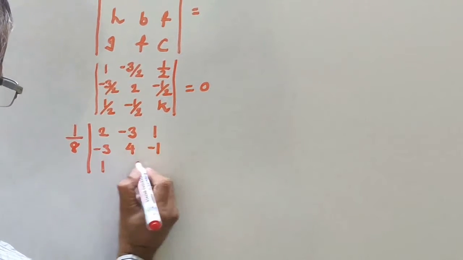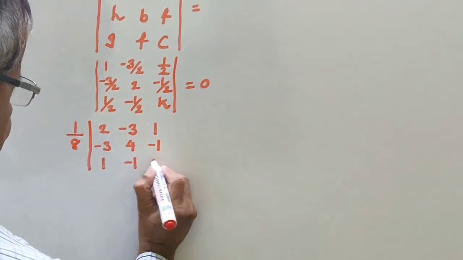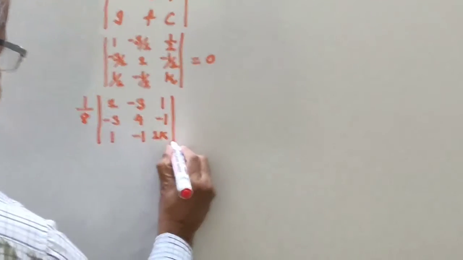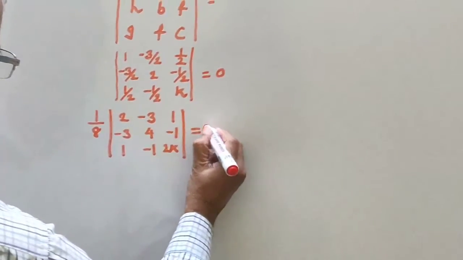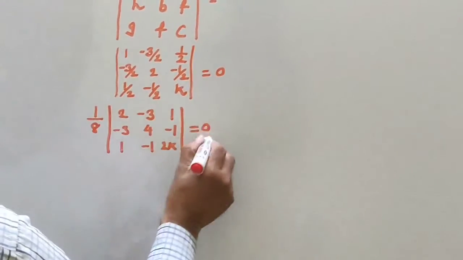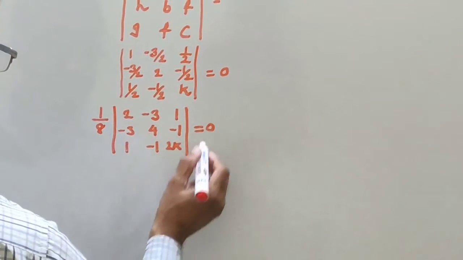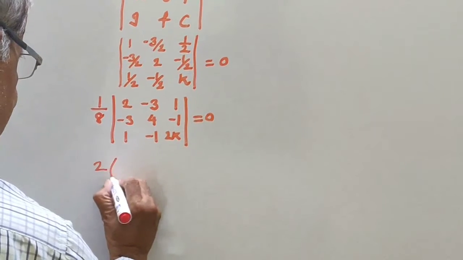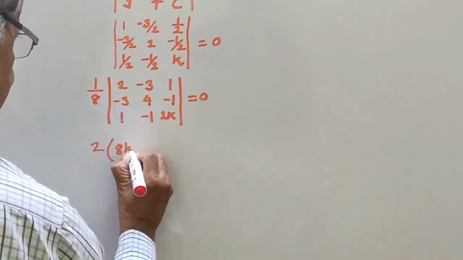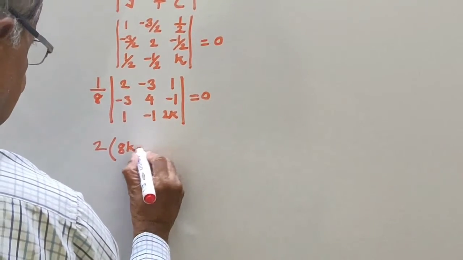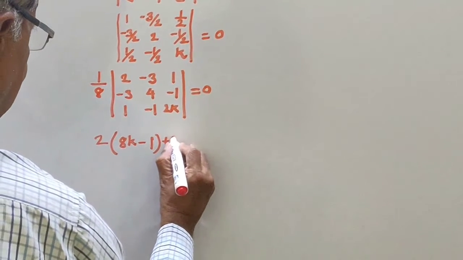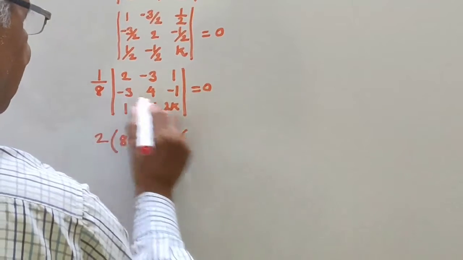This is again 1, minus 1, and 2k will come here. Now I can solve the determinant by neglecting the 1 by 8, because when I transfer 1 by 8 to that side, the 0 will stay there. Now I am solving this: 2 into 8k minus 1, minus minus plus 3, minus 6k.